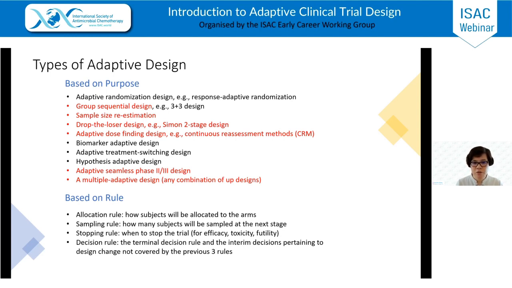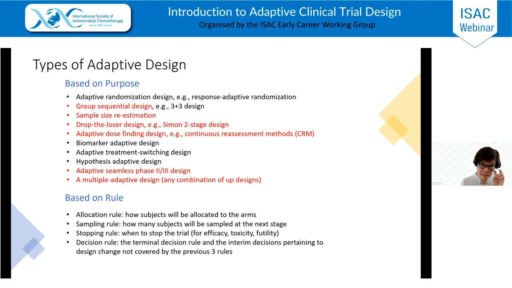But we see this more and more in oncology, the phase 1 design. There are biomarker adaptive designs, adaptive treatment switching designs, hypothesis adaptive designs, and then the adaptive seamless phase 2 to phase 3 design. The last one is basically any combination of the above. The red highlighted ones are the ones I have seen, and they are more common.